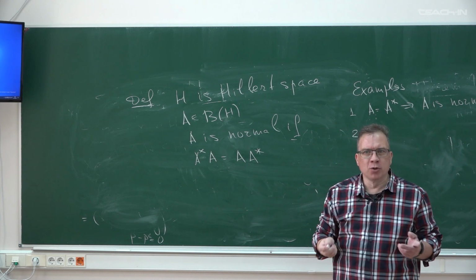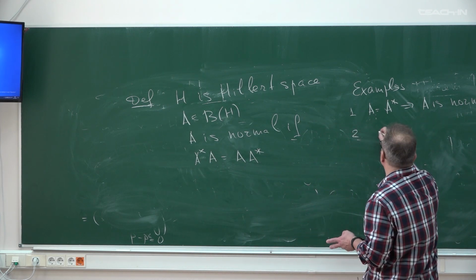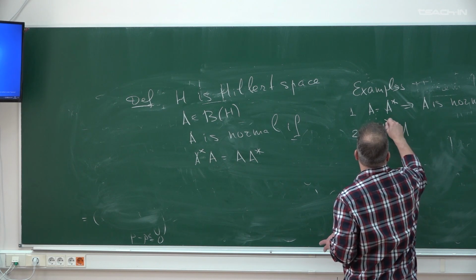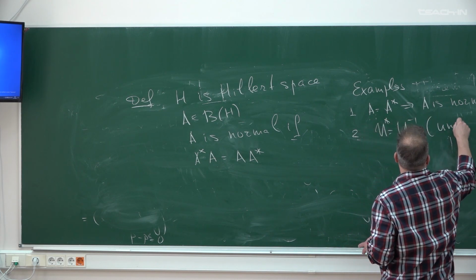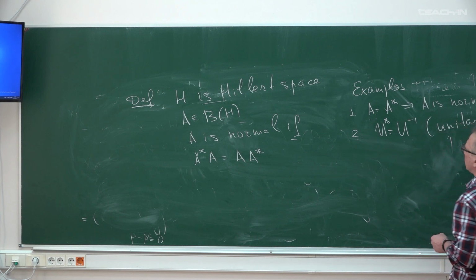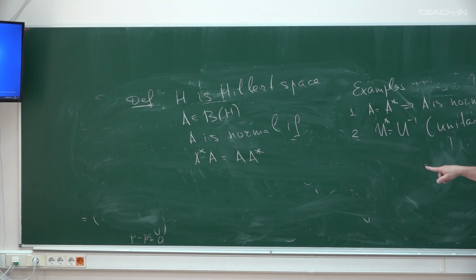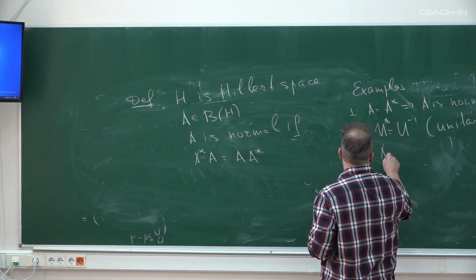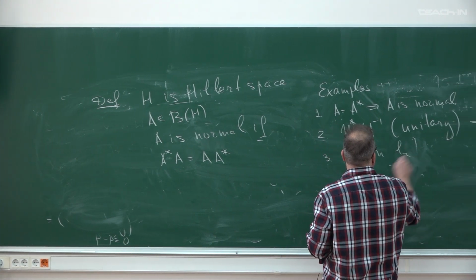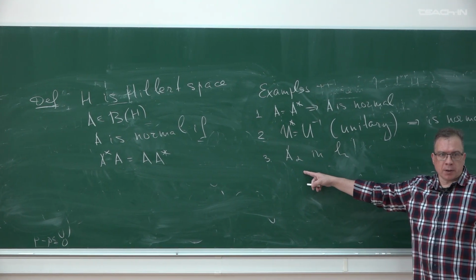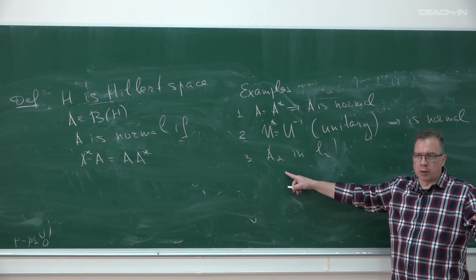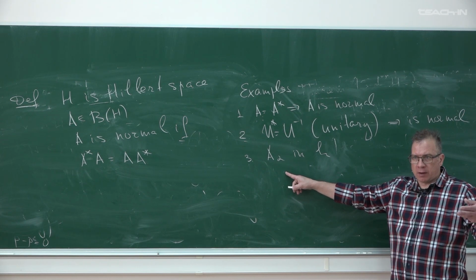If an operator is unitary, what can you say? It commutes with its adjoint, because the product is the identity. For this operator, we know when it is self-adjoint: when alpha k is real.